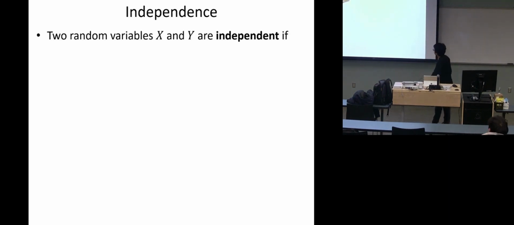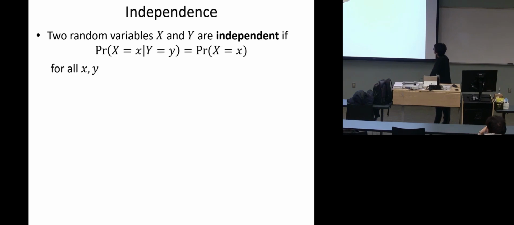Two random variables, x and y, are independent if the probability that x has outcome x, even if you know something about y, is the same as the probability that x has outcome x. In other words, having any knowledge about y doesn't change anything about x. It's very intuitive what it means to be independent, and it's formalized here.